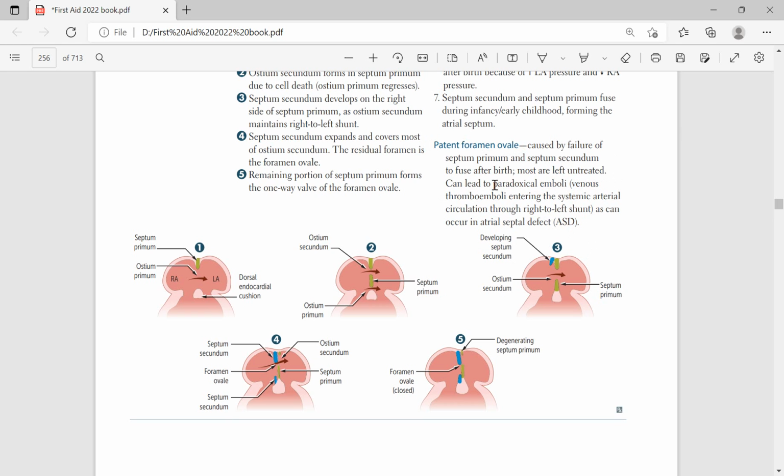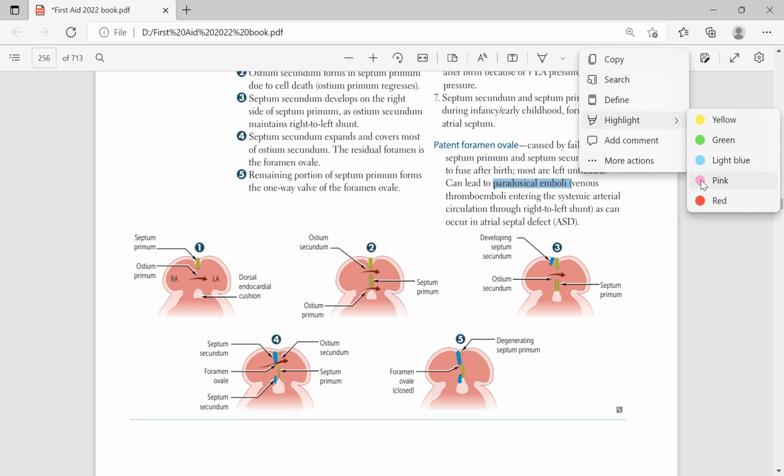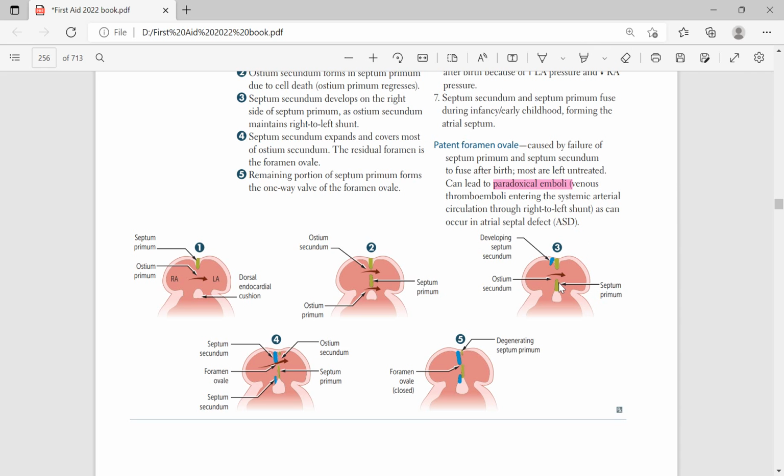What is a paradoxical embolus? It is when emboli from your venous system go into your arterial system. Venous thromboemboli enter the systemic arterial circulation through a right-to-left shunt, as can occur in atrial septal defect.